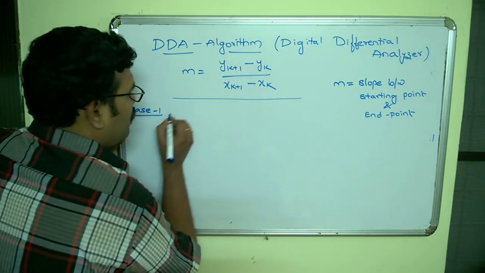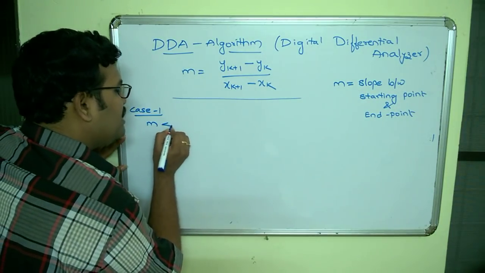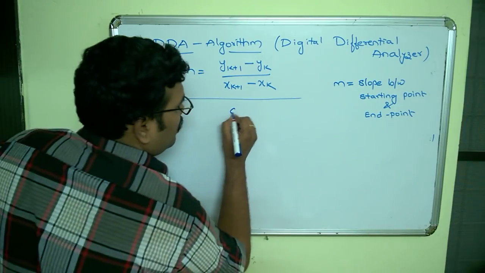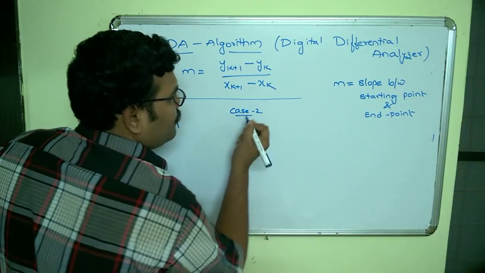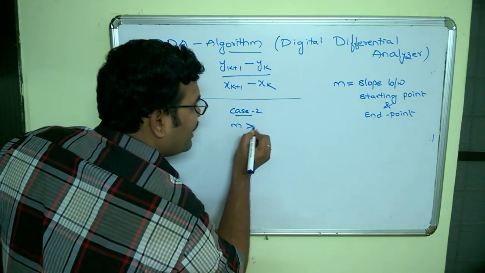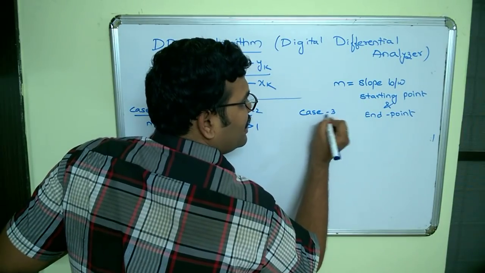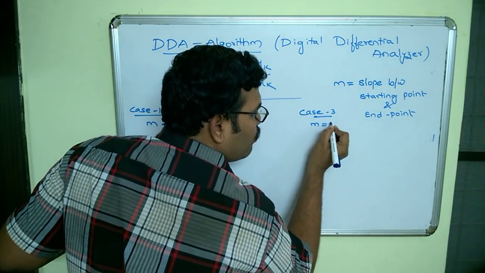Case 1, m is less than 1. Case 2, m is greater than 1. Case 3, m is equal to 1.